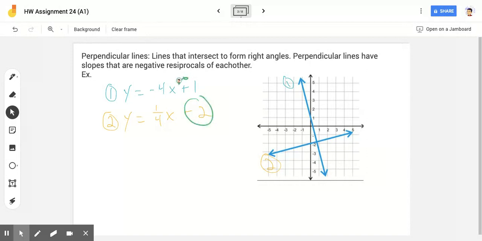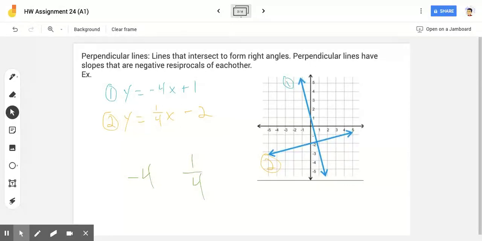That's fine. They could be almost anything in this sense to make the perpendicular lines, because we're not giving specific point values. But their slopes, notice, are negative reciprocals of each other. The negative reciprocal of -4 is positive 1/4.